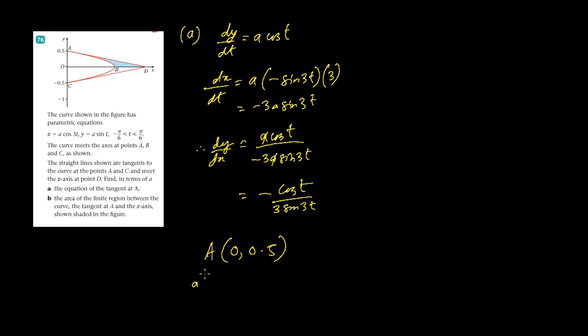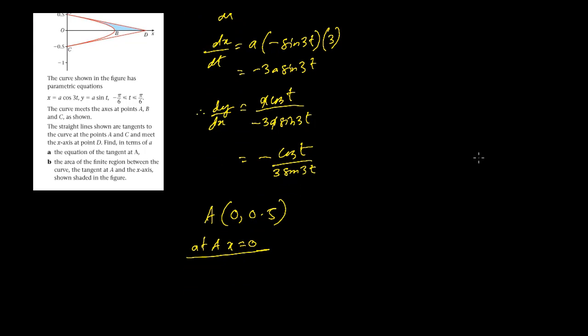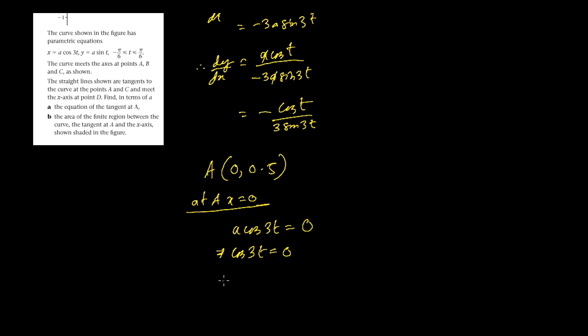So at A, x equals 0. So if I just plug in, a cos 3t equals the x coordinate, which is 0. That means cos 3t equals 0 divided by a, which is 0. So we have the value of cos theta as 0.